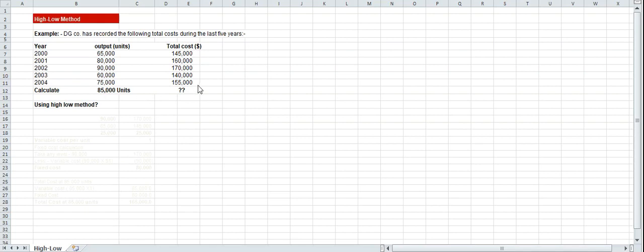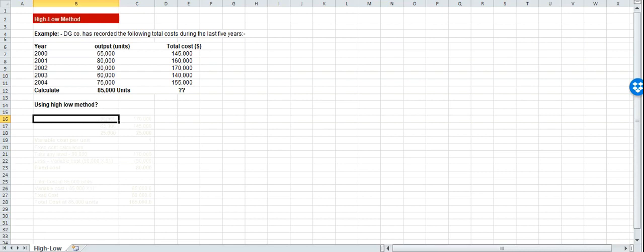Now, first and foremost, what you have to do is you need to get the difference between the highest total cost and the lowest total cost.